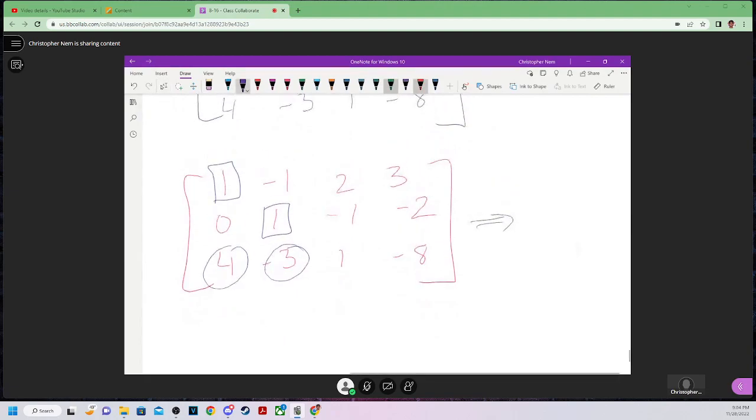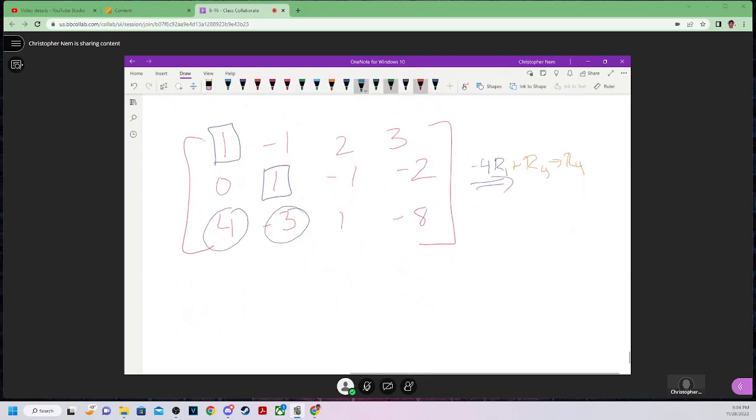So I'm going to add negative 4 of row 1 because I want to affect that. Row 1 is the only one that can affect it. If I try to use row 2, it will not affect that 4. So I'm going to do plus row 4, and I'm going to send it to row 4.